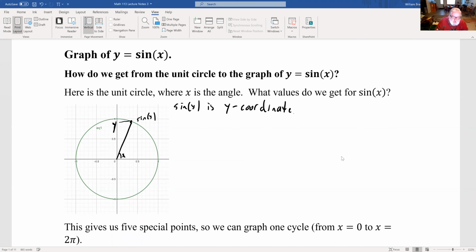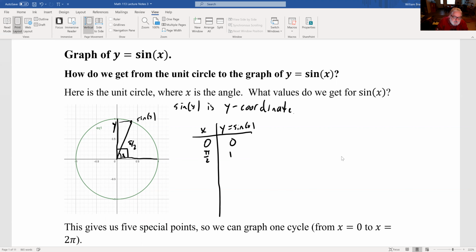So can we put together a little table? X, y equals sine of x. If we have an angle of 0, sine is 0. If we have an angle of pi over 2, that's a right angle here, and sine is 1 because our y coordinate is way up here.